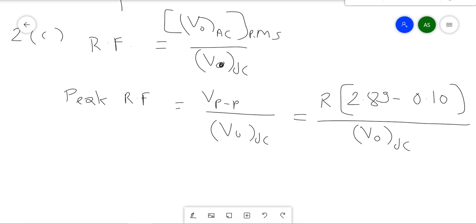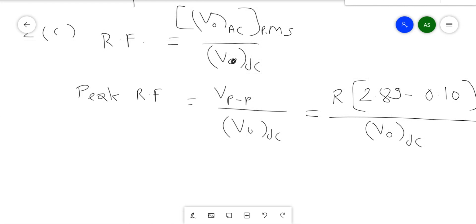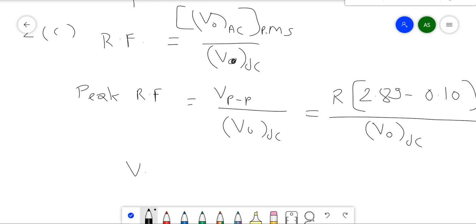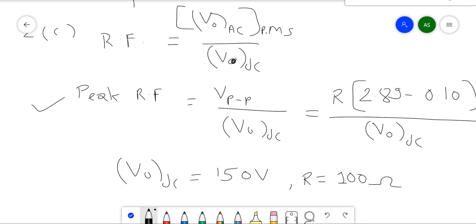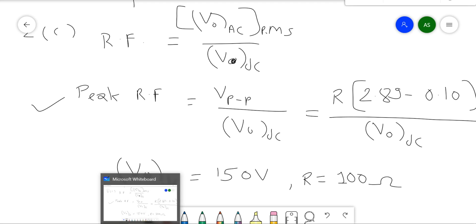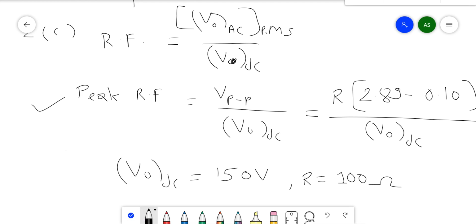So if you put it in this equation, you will get it. So peak to peak ripple you can calculate like this, and if you want to calculate the ripple factor based on the RMS value, then it is somewhat difficult. So generally you can also use peak ripple factor.